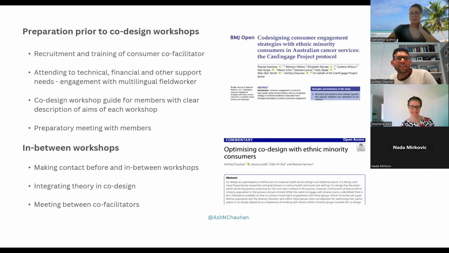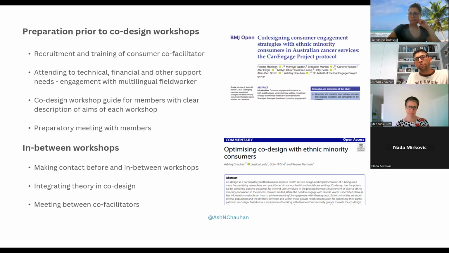So I talked about this earlier. Preparation prior to the co-design workshop, in between workshops, making contact, integrating theory and co-design, and meetings between co-facilitators. The consumer co-facilitators and the research co-facilitators met in between each workshop, and we planned out a run sheet based on the consumer co-facilitators' interests and what they wanted to contribute, to make sure the workshop ran smoothly.